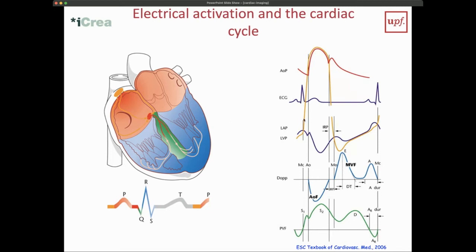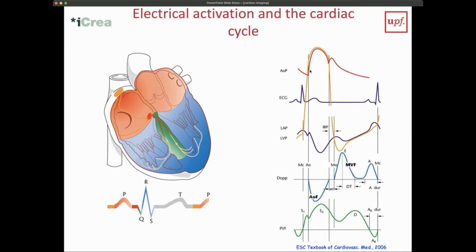So we start here: electrical activation of the muscle, and the pressure within the ventricle, in this case the left ventricle, is increasing up to the point that the pressure in the ventricle becomes higher than the pressure currently in the aorta. And what happens now is that the aortic valve can open.